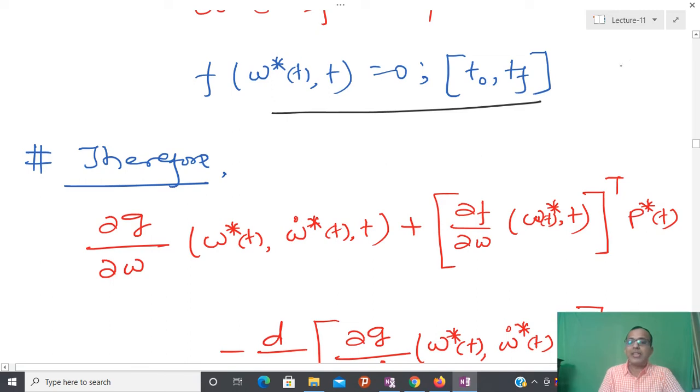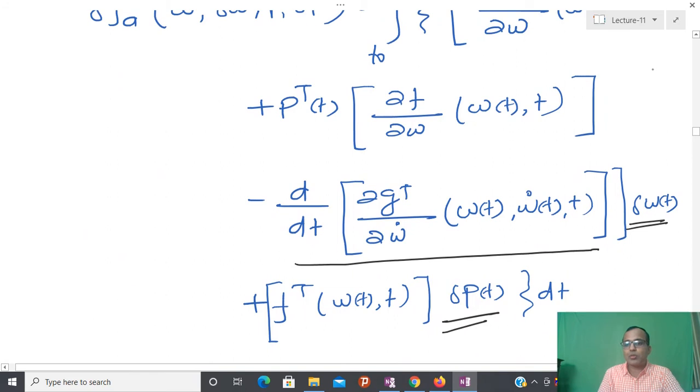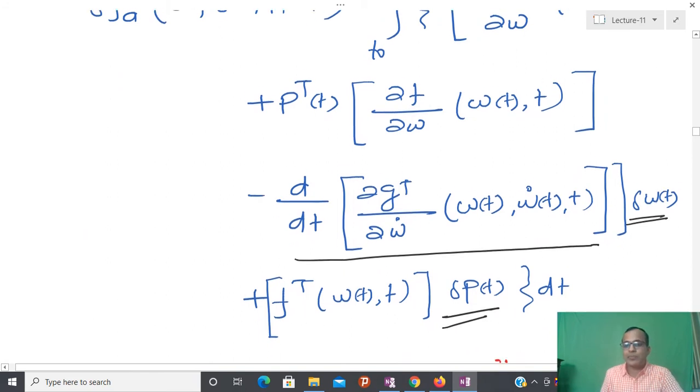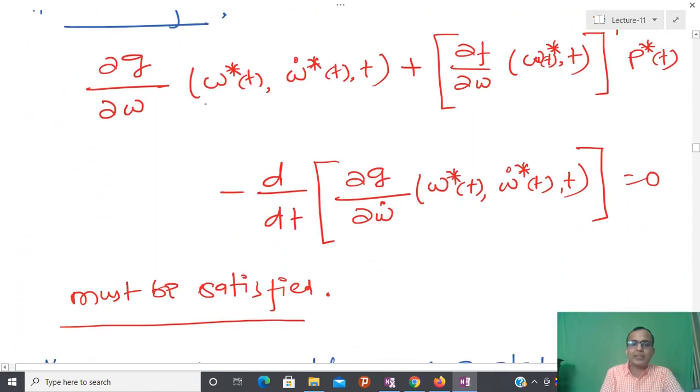Now I only have to make sure of the extra thing, that the coefficient of δω(t) equals 0. I have to force the coefficient of δω equal to 0 in order to make sure that the first variation of the functional equals 0. And that is the fundamental theorem: if the first variation equals 0, then only can I talk about the extremization of the function.